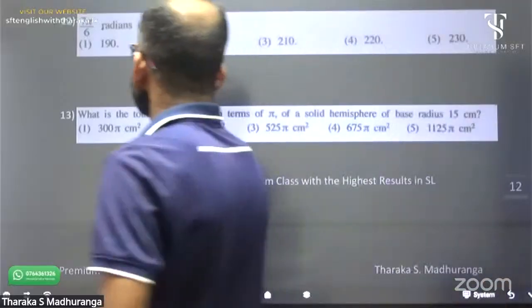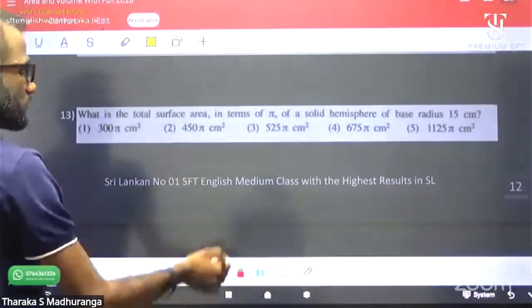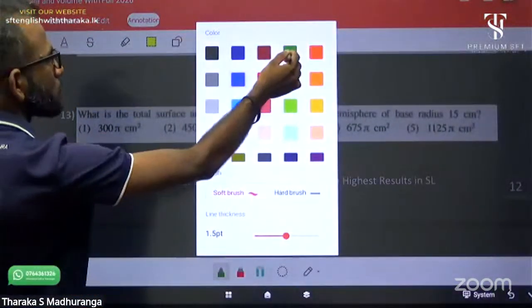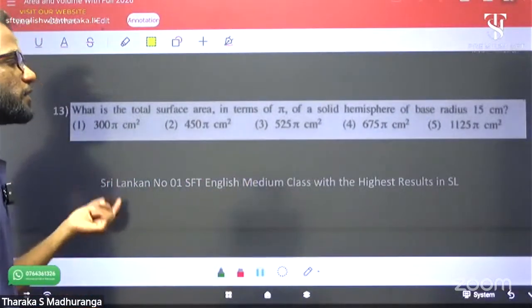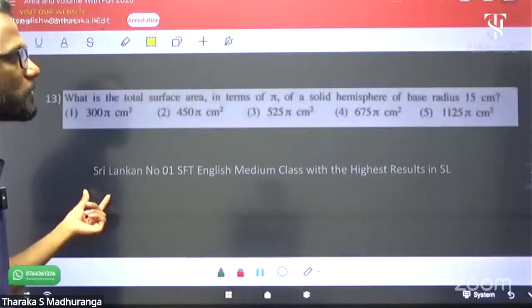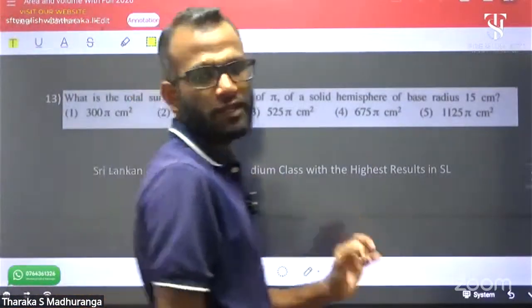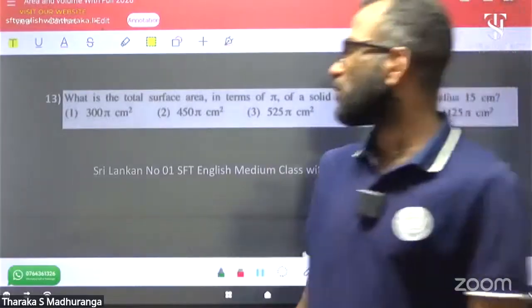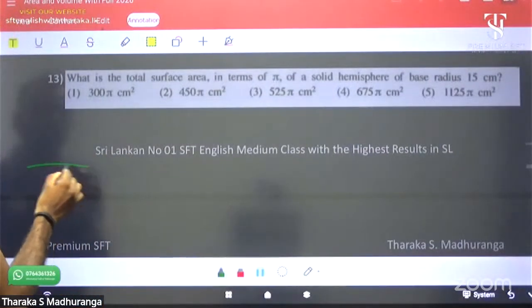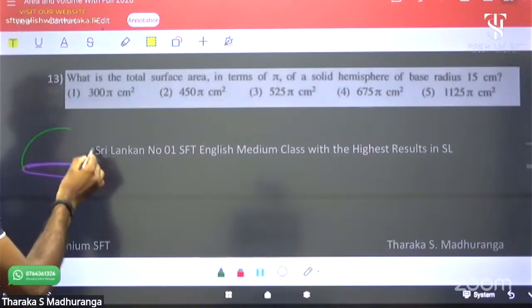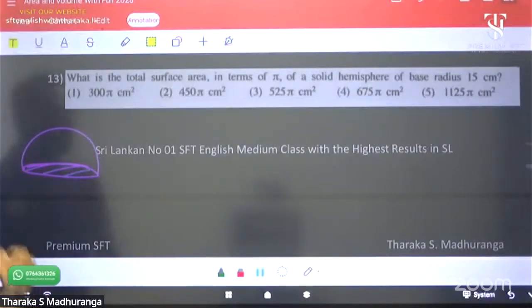Okay, question number 30. What is the total surface area in terms of pi of a solid hemisphere of base radius 15 centimeter? It's a solid hemisphere.